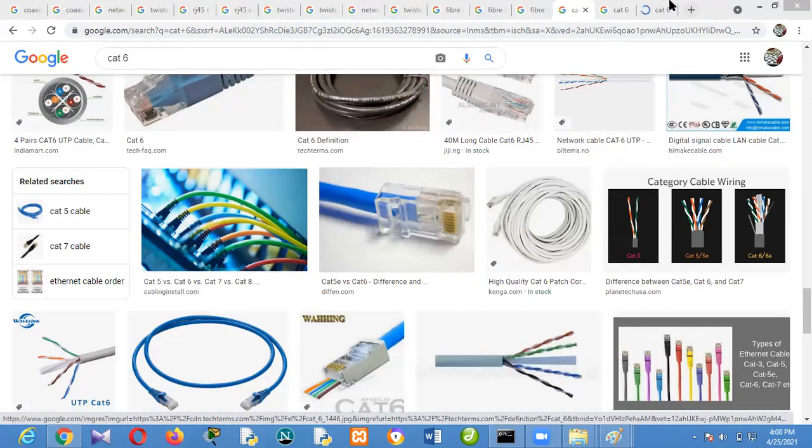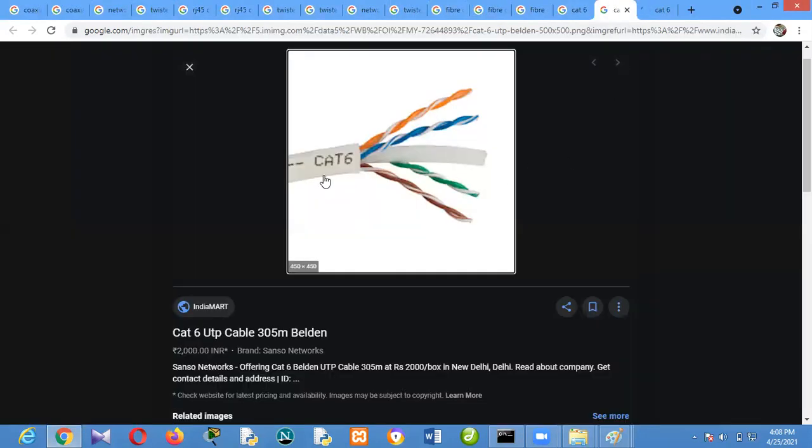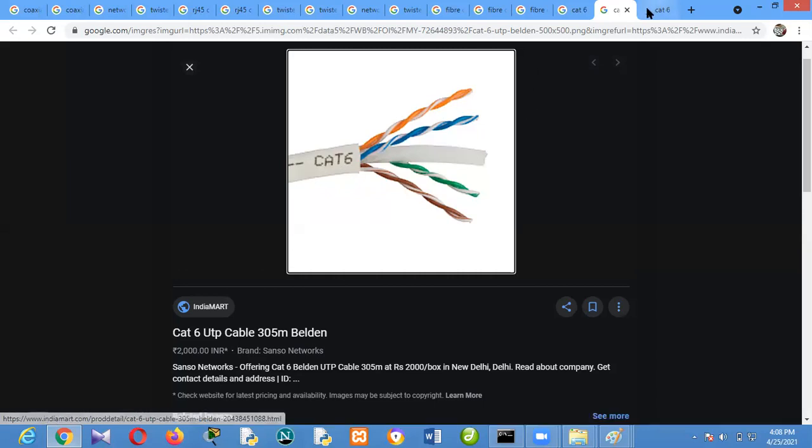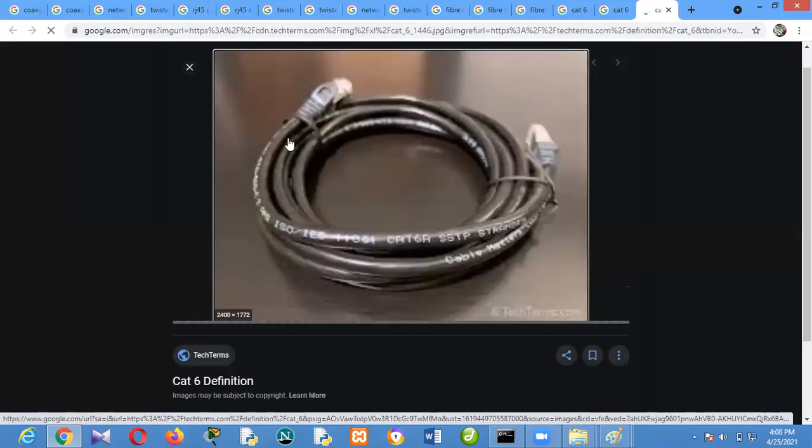Look at my screen. You see this particular one, it's written Cat 6. But see this one, I think this one is better. This cable, you see Cat 6A, STP. Oh, that reminds me, I didn't talk about that. So it's written Cat 6 and all of that.